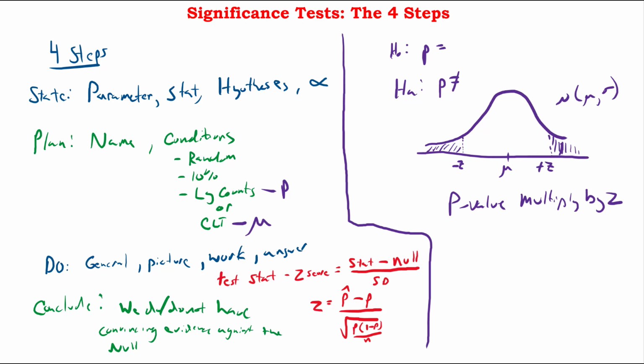Make sure to show that, as well as show the picture, as I did over here, our normal curve setup for the two-sided test. Make sure to do a picture like that and show your test statistic and shade which side you're trying to calculate to find your p-value. With that, show your work as well to do the calculations, and then present your answer.